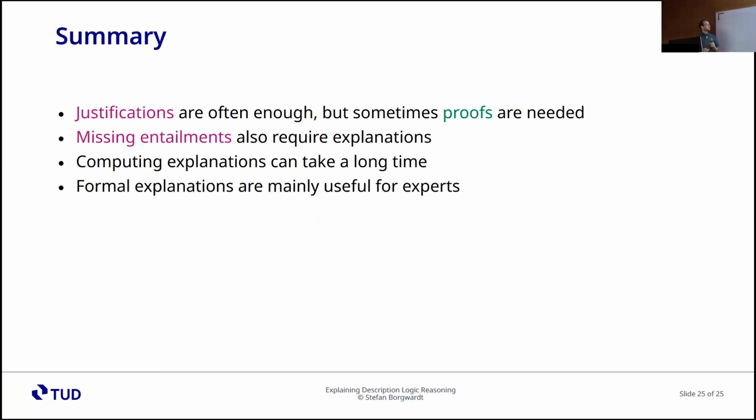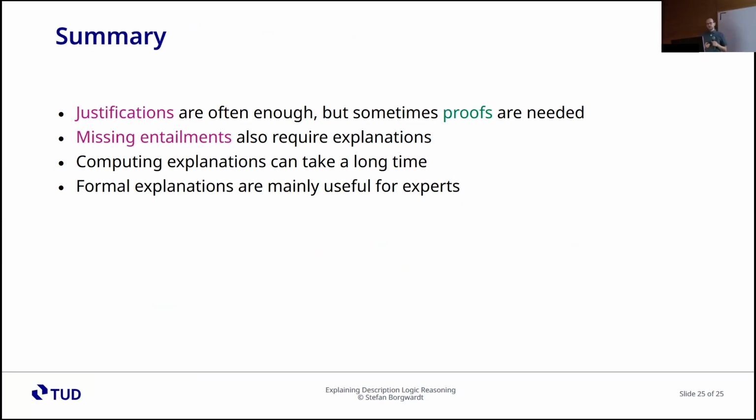So in summary, I can say basically for explanations, justifications are often enough. They are already very good in pointing out the parts that are going wrong. But sometimes if it's more challenging to explain, or if you have novice users, then you need more information, you need simpler steps.